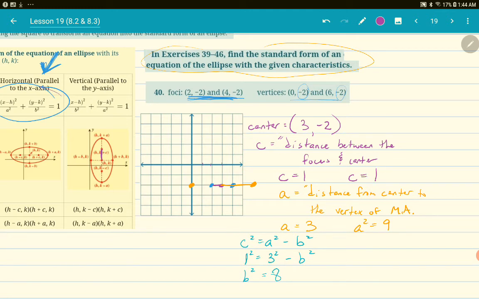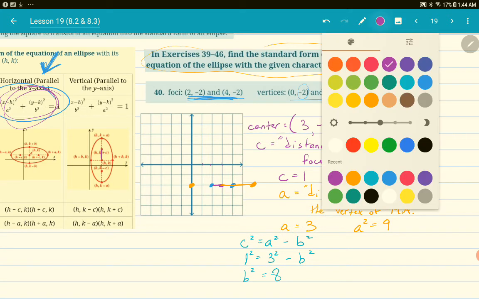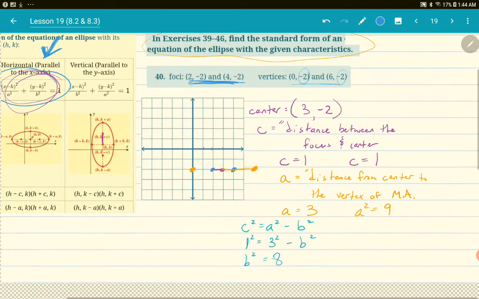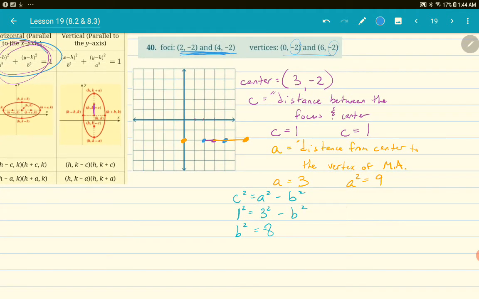So now I can fill in this formula. My formula, remember, is (x - h) squared over a squared plus (y - k) squared over b squared equals 1. The h is the x of my center, so that is x minus 3.